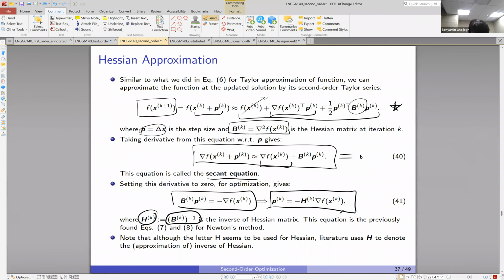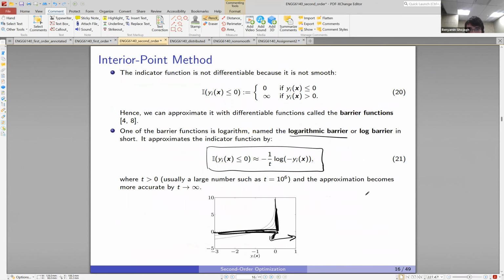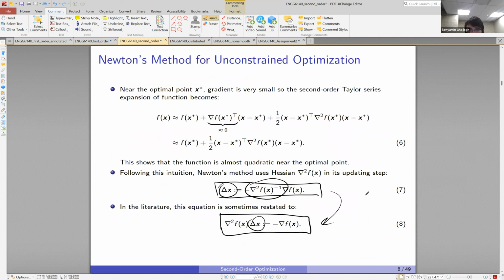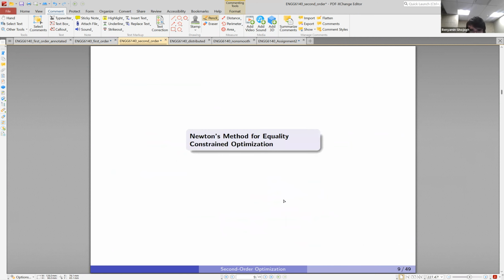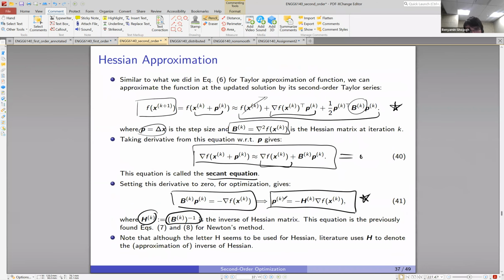Where did you see that? We saw that in the initial slide of Newton's method, equation 7. So delta x, which is p, equals minus Hessian inverse times gradient of f. I'm repeating it here, but with a new notation.